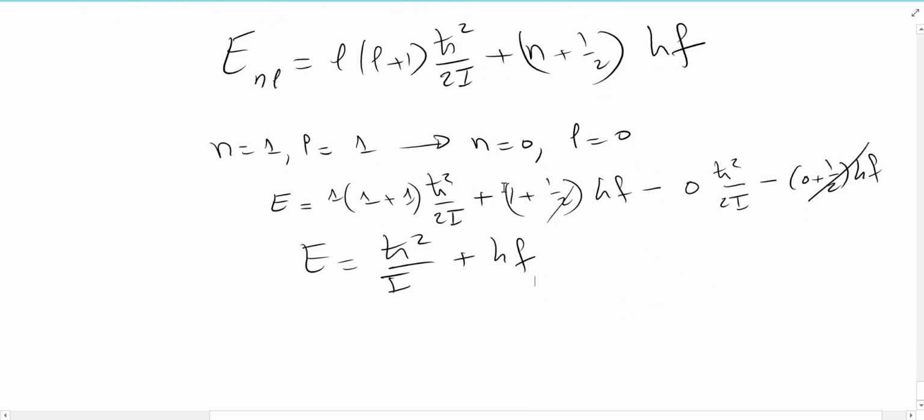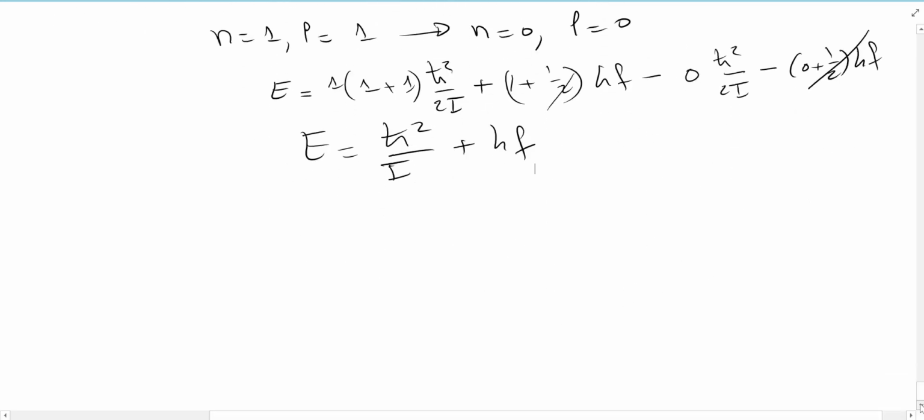I'm going to do it shortly after I get the other two transitions, because they gave us three of them. The next one, we're going to call this one E1 actually, just to plug it in the calculator. So we have n equals 1 still, L equal to 2, going to n equals 0.